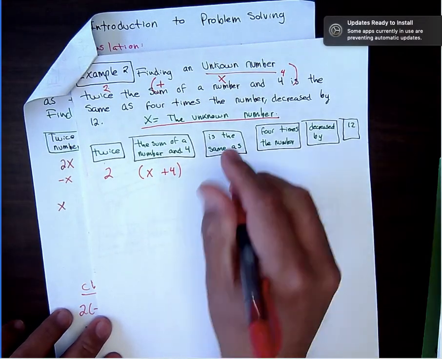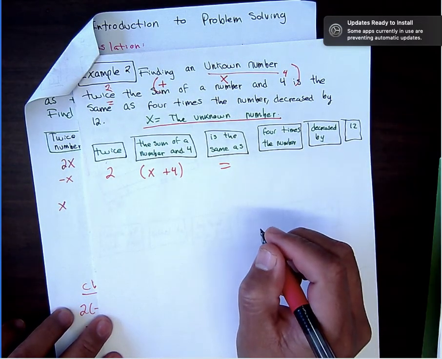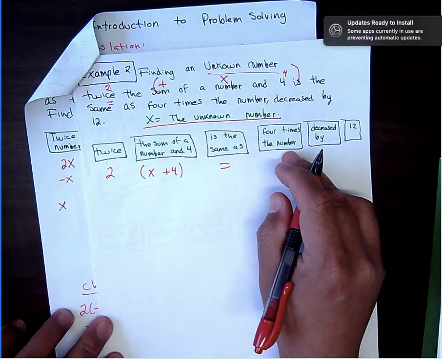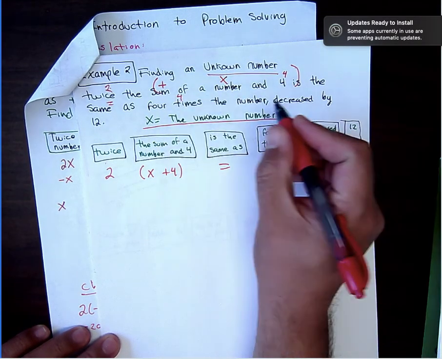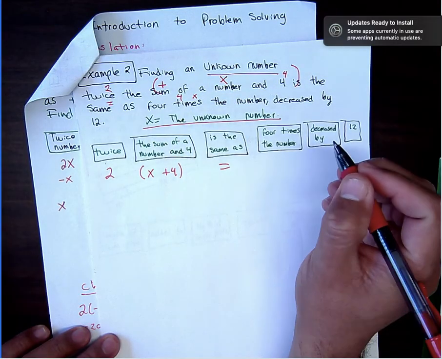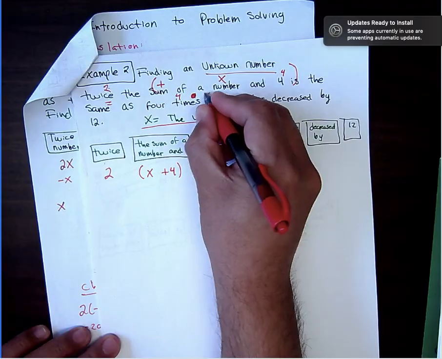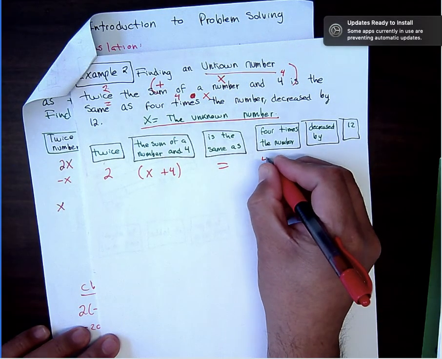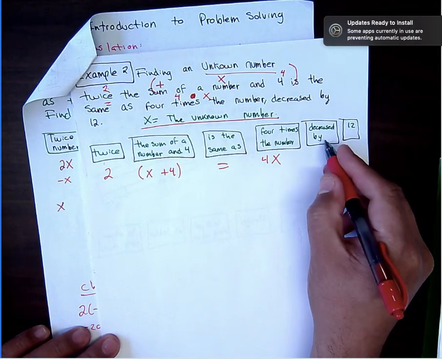Is the same as, well, this is equals 4 times the number, right? So 4x, decreased by 12.